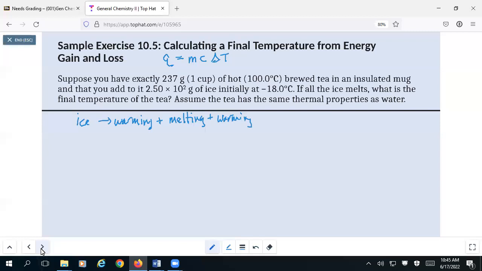And on the opposing side, we have the tea that is going to go through a cooling process. But that's the only process that it's going to undergo, presumably.